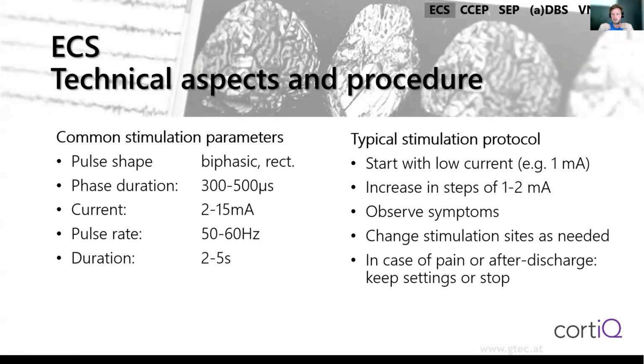This is a pathological waveform, which is triggered by ECS and can lead to a generalized seizure, which is something you want to avoid at all costs. So you have to monitor those after discharges after stimulation. Usually when you observe those patterns, you just wait because usually they diminish after 20 or 30 seconds.